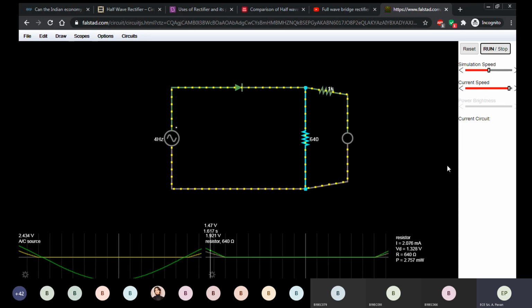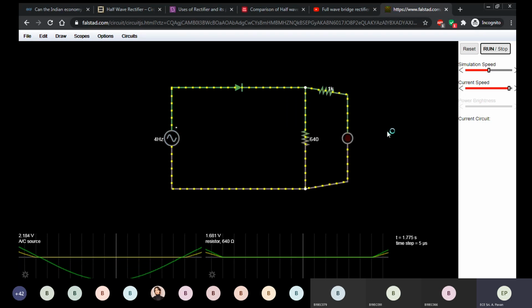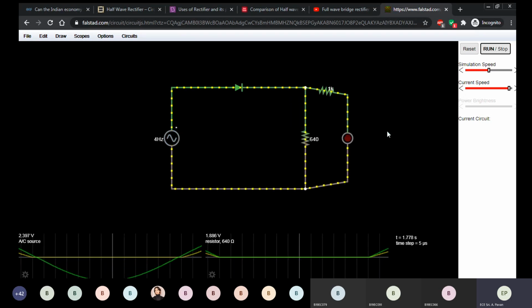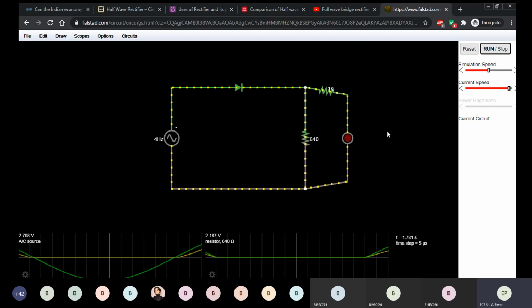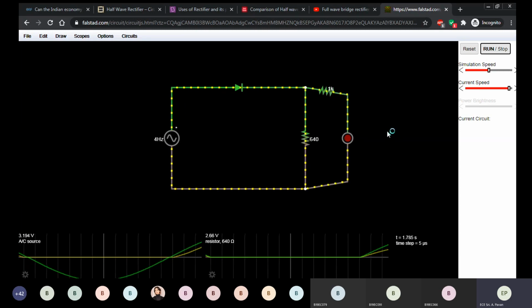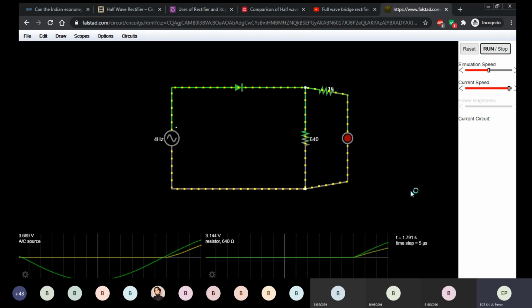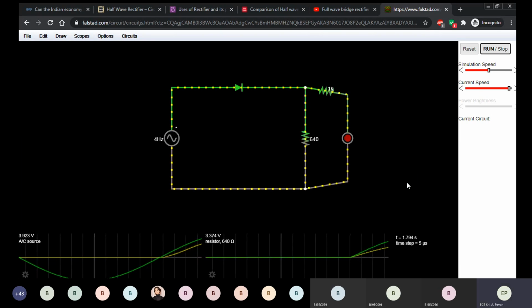Now it is positive. Just about positive. Look here. Unless and until it reaches 0.7, the diode will not turn on. Right. So see. The LED is on. Now the LED is on means the diode is on. That's why the output is slowly increasing.